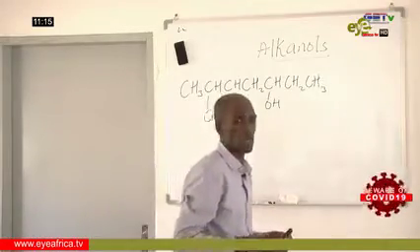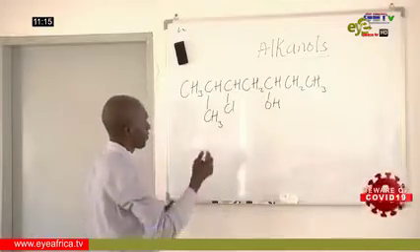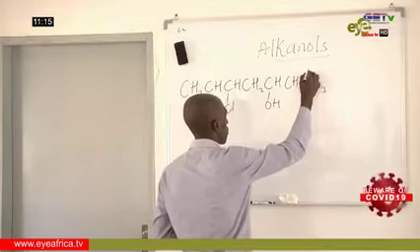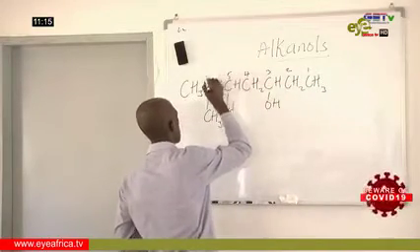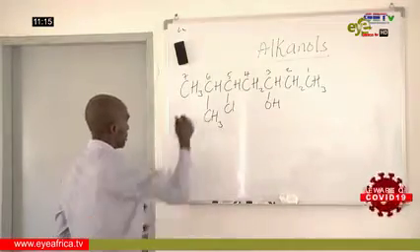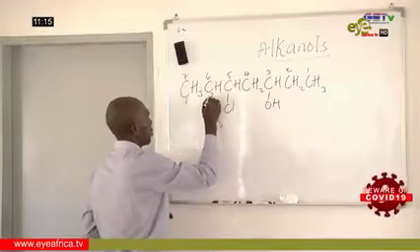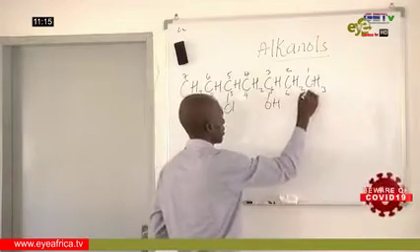We will count from left and we will count from right. So counting from our right, this is going to be carbon number 1, 2, 3, 4, 5, 6, 7. And counting from our left, that's going to be 1, 2, 3, 4, 5, 6, 7.